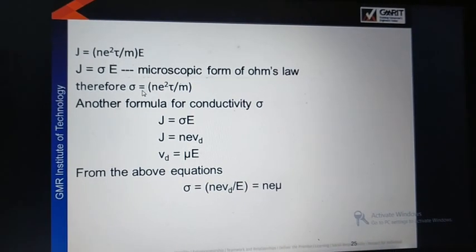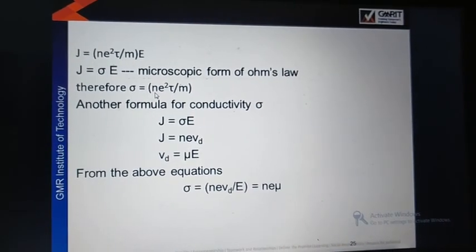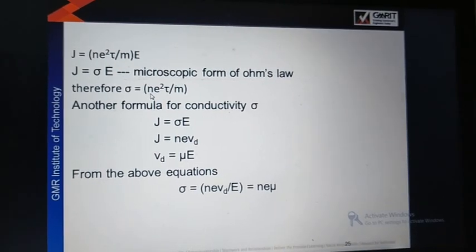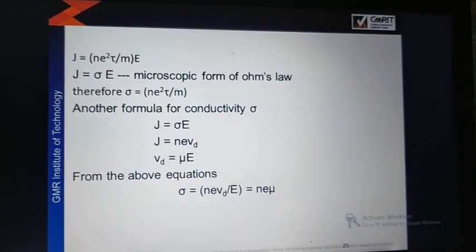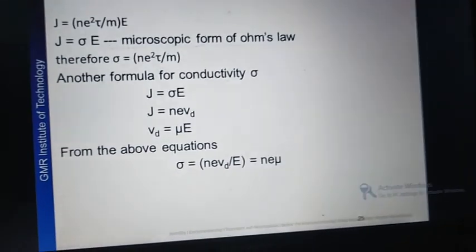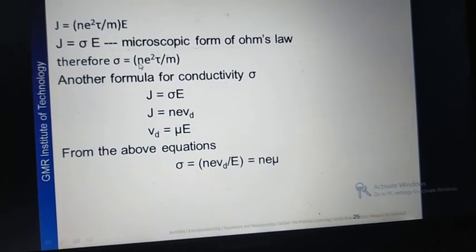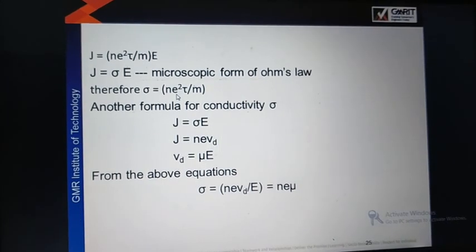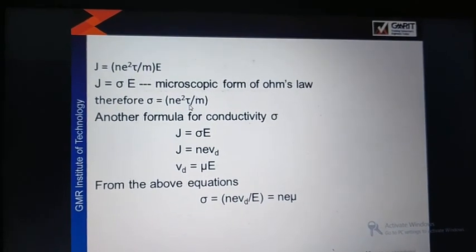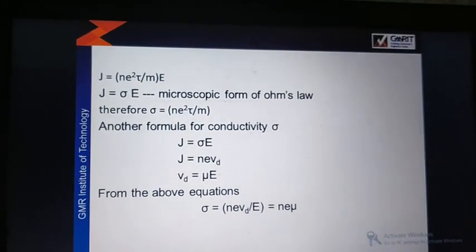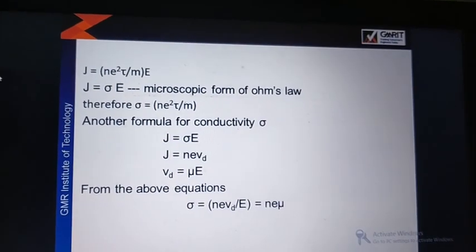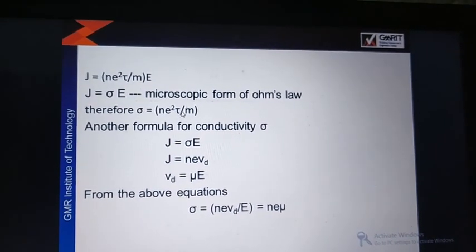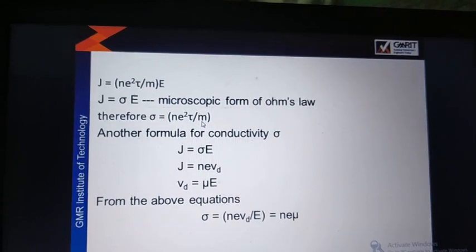You can see that sigma is equal to Ne square tau by m, where n is representing the charge carrier density. That means how many electrons are present in unit volume, e is representing the charge of the electron, tau is representing the relaxation time, and m is representing the mass of the electron.